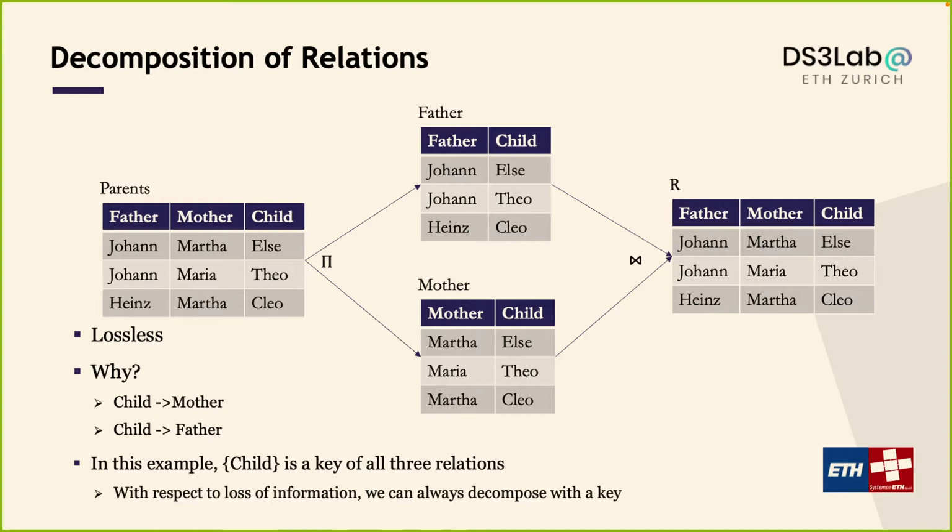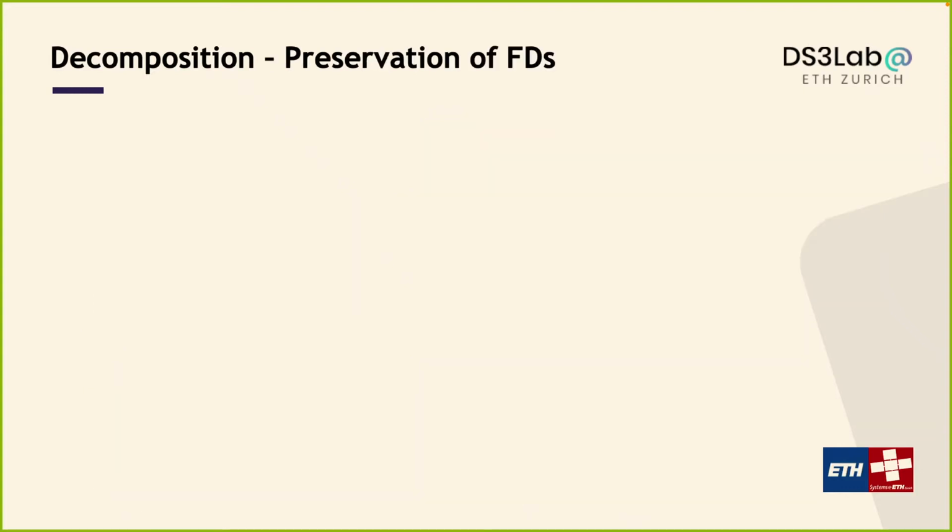Another property that we could reason about is the preservation of functional dependencies during decomposition. Essentially, you have one relation R, and you want to decompose it into multiple smaller relations, R1 to Rn, and you have a whole bunch of functional dependencies defined over this big relation.